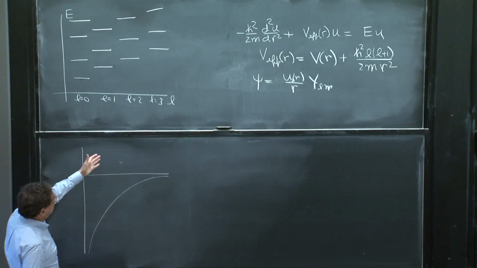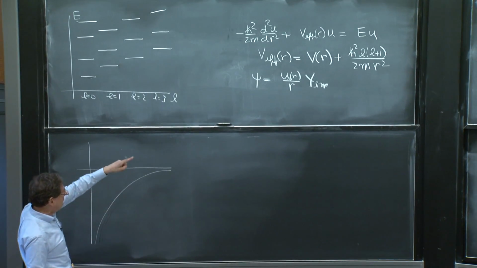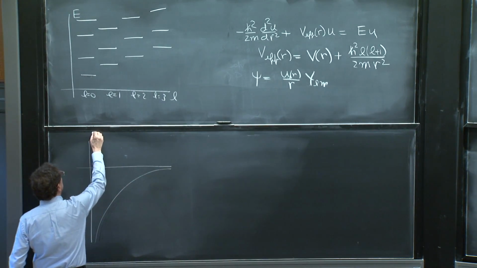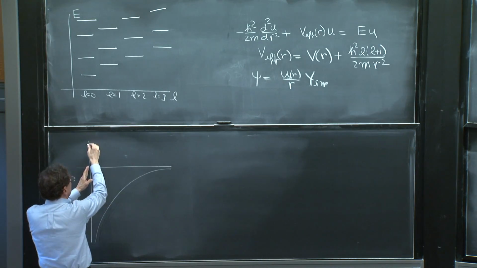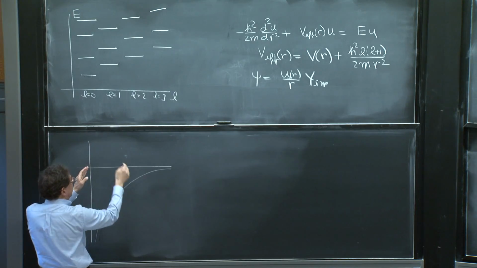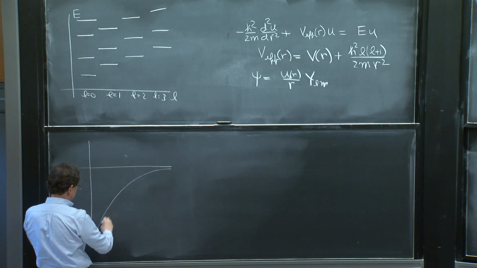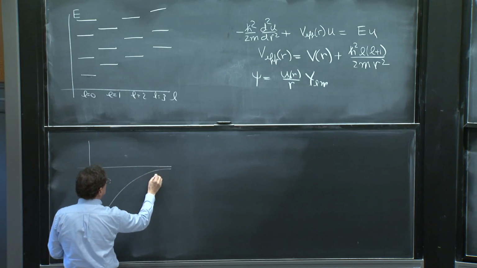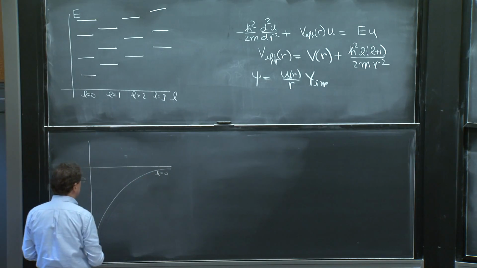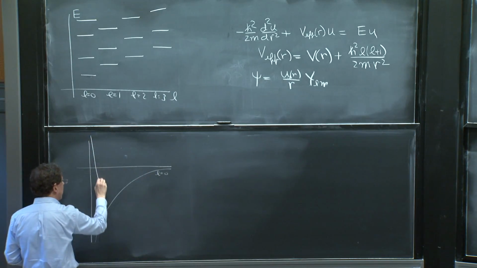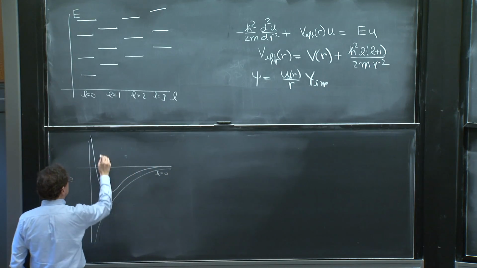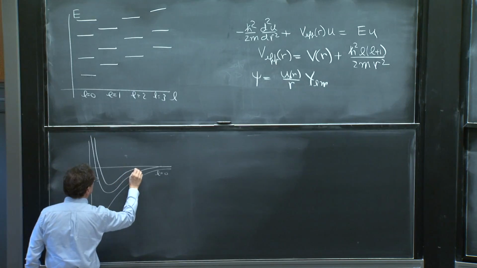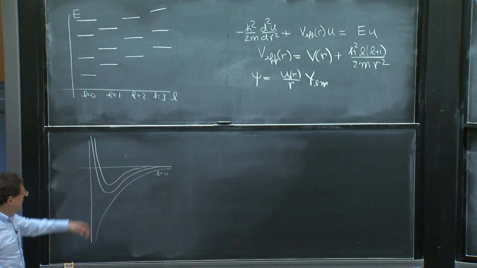And then you have sometimes the L contribution, this function that diverges towards the origin, 1 over r squared. And by the time you add them together, this is the original potential. So this could be thought of as the L equals 0 case. Then if you have some L over here and some other L, maybe like that, these are the various potentials that you get.